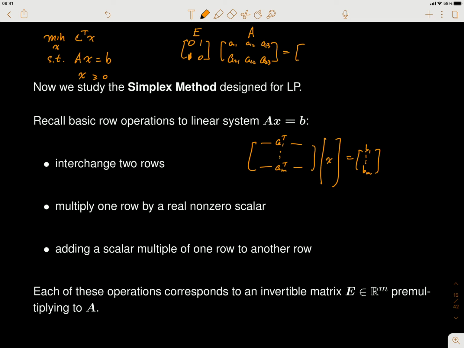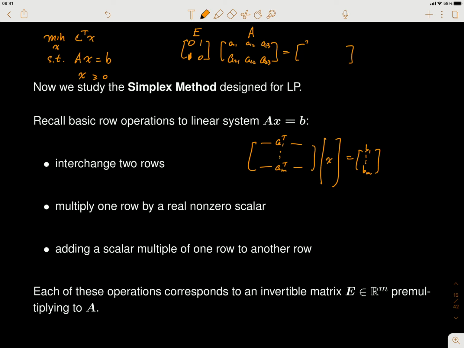So E times A will become, when I multiply this matrix to this matrix, the first row is the inner product of the first row of E with each column of A. Apparently this inner product gives us just the second row of A because I have 0, 1 here.